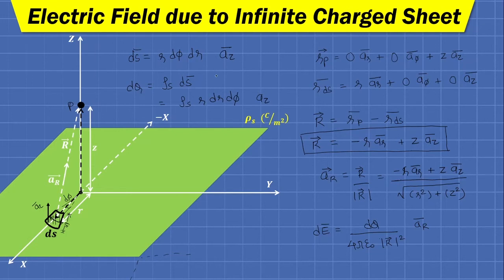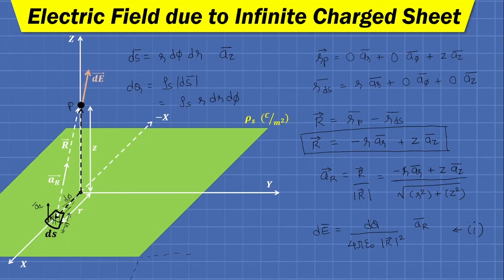Here only the magnitude is concerned, because charge is a scalar quantity, so rho s ds, so our small charge on the differential surface will be rho s into r dr d phi. Okay, so now we are having each and every value to be put in the equation. Let us give it equation number 1.